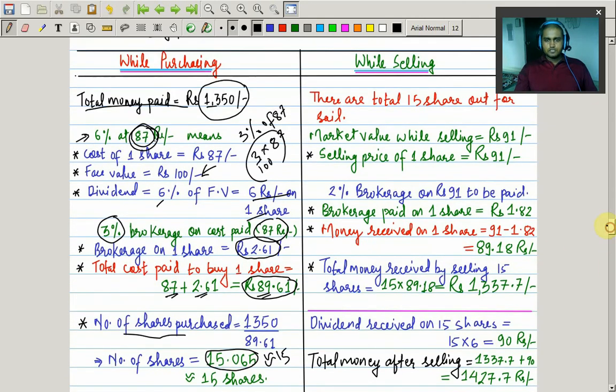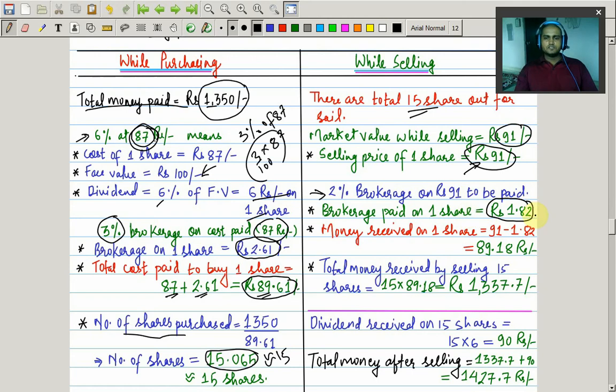Now let's read the selling part. There are a total of 15 shares I have bought, and now I want to sell those 15 shares. While selling, the market value is rupees 91, so the selling price of one share is 91. And while selling, that broker will take his money from every share. So I have to give 2% of 91, which is rupees 1 and 82 paisa.